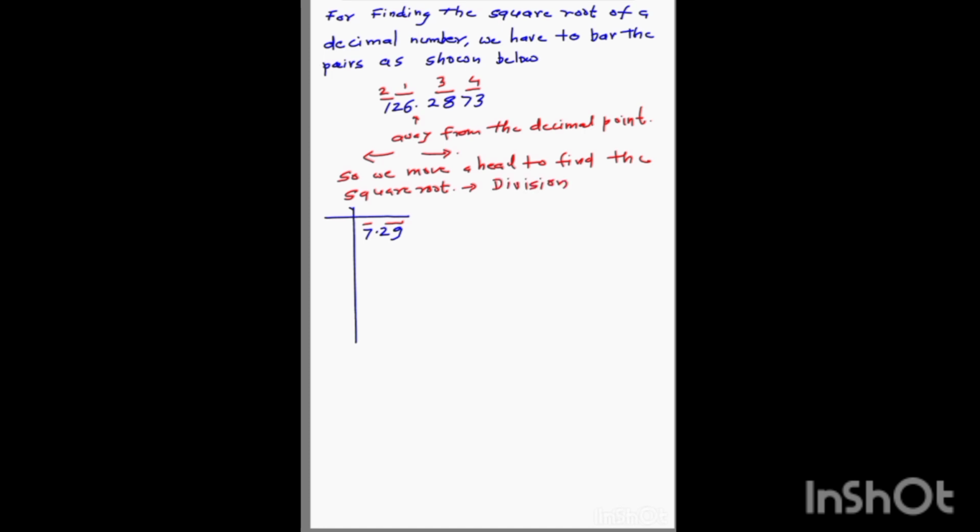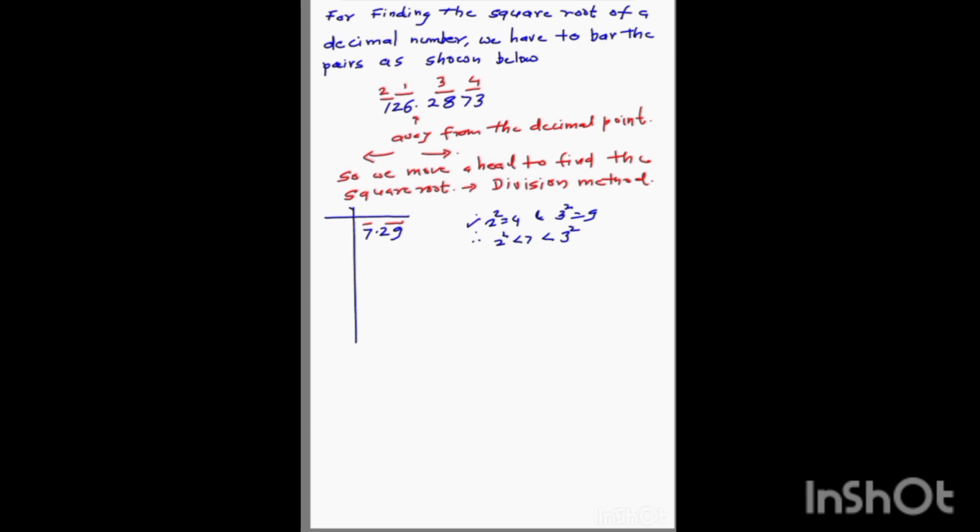Then you have to concentrate on 7 and see which square number is less than 7 and very near to 7. 2 squared is 4 and 3 squared is 9. So we have achieved a condition where 2 squared is less than 7, which is less than 3 squared.